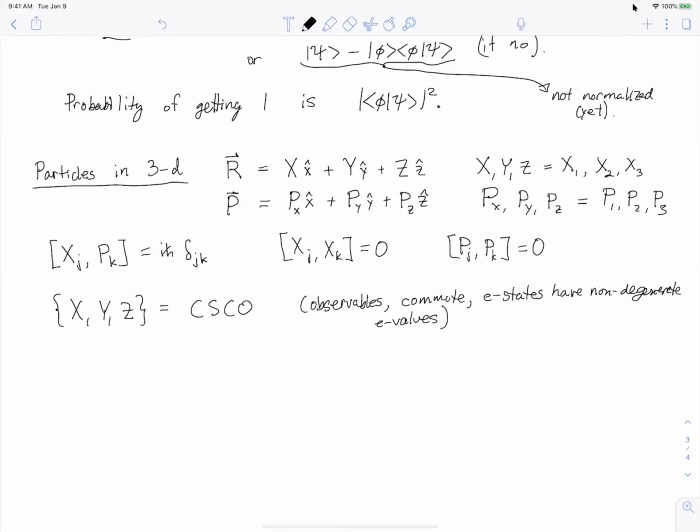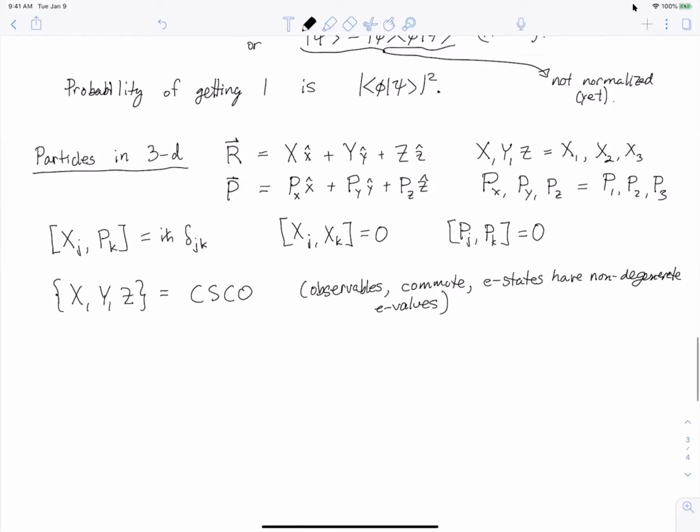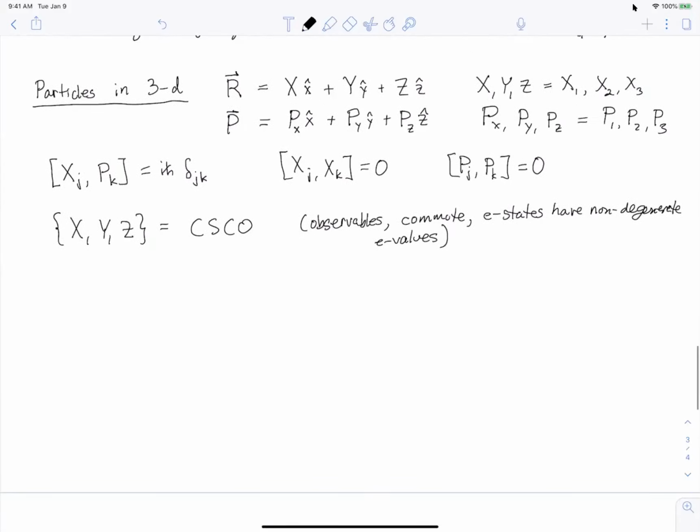In other words, if I tell you what the eigenvalues of x, y, and z are, then I've completely specified the state. And so the eigenvalues and eigenvectors are: if I act with capital X on one of the states of the CSCO, I get back the number x, y, z. If I do the same thing with y, I get back the number y. And same for z.